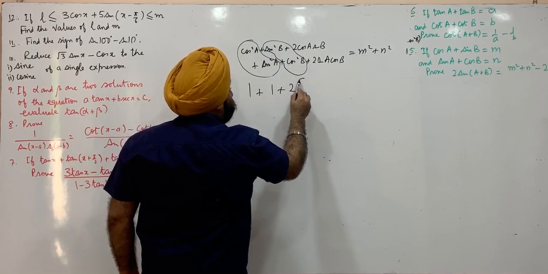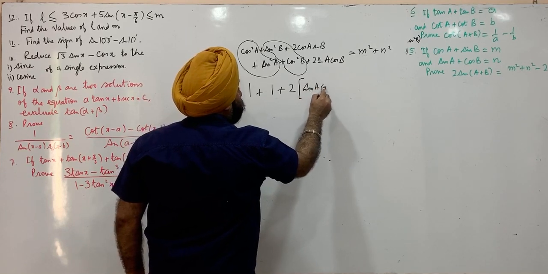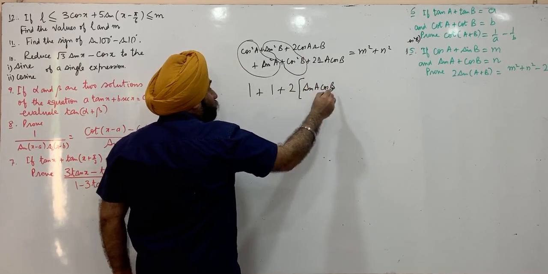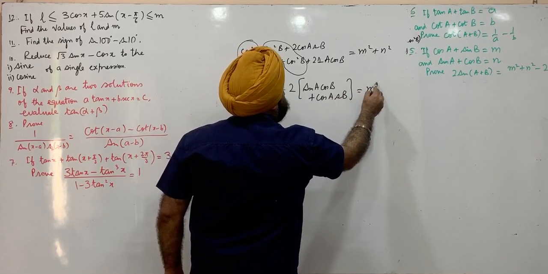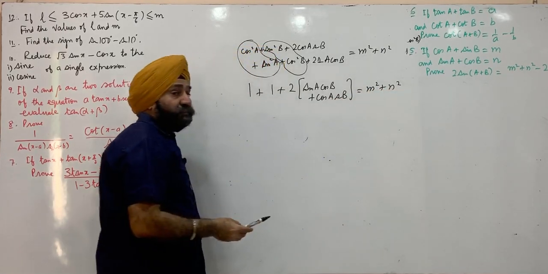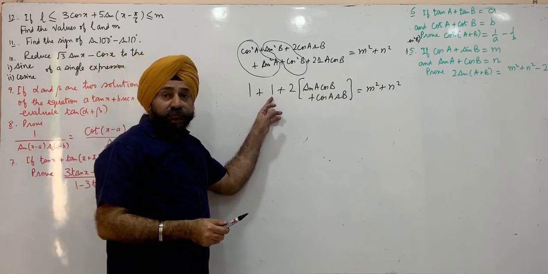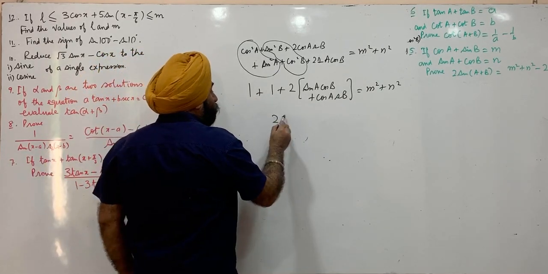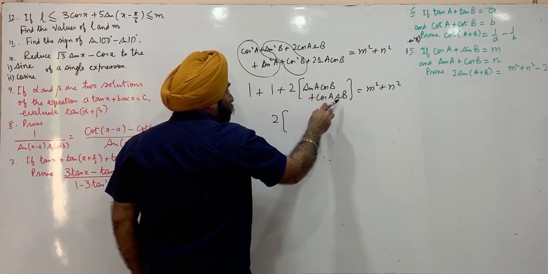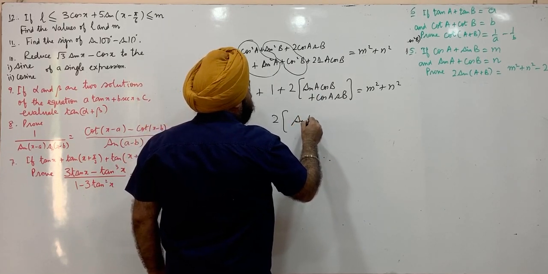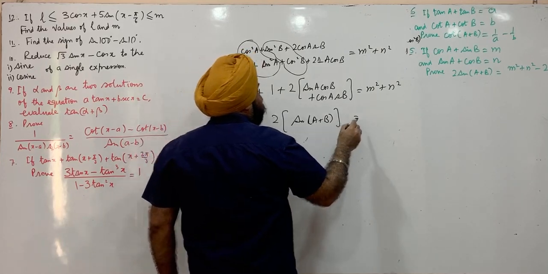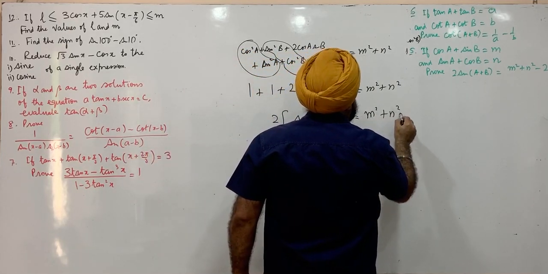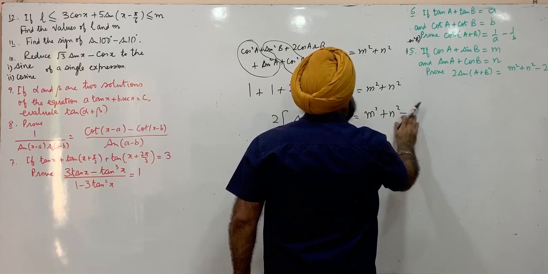This is 2 common. Inside, sin A cos B plus cos A sin B. This is equal to m square plus n square. This 2, shifting to the right hand side, and sin A cos B plus cos A sin B is sin of A plus B. So this gives us the result. 2 times sin of A plus B is equal to m square plus n square minus 2.